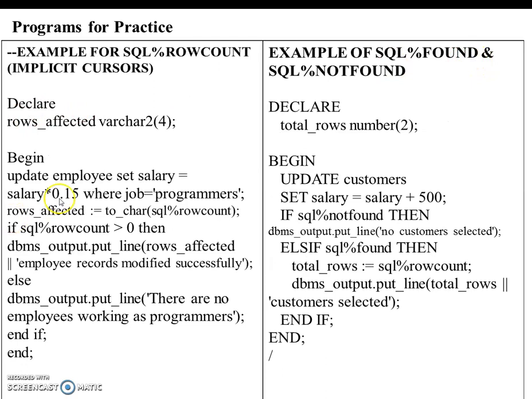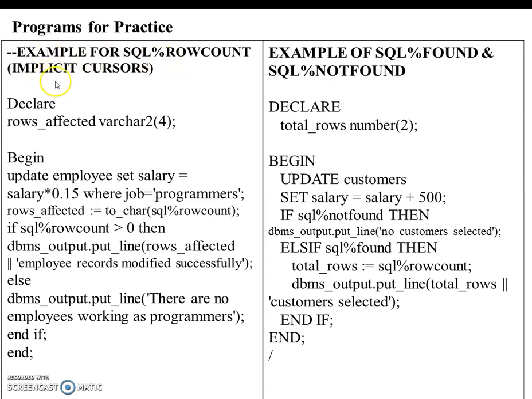Similarly, we will have multiple programs which can be treated as examples of %ROWCOUNT, which is shown on your screen. So kindly refer to this slide in order to execute your implicit cursor programs. Kindly follow the syntax and those keywords appropriately with their SQL% value.